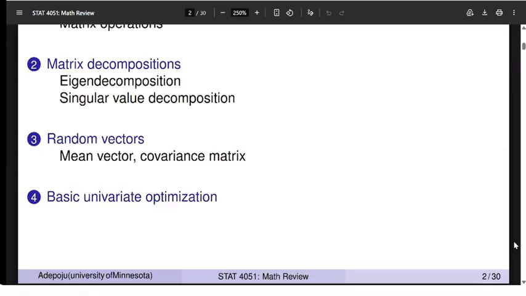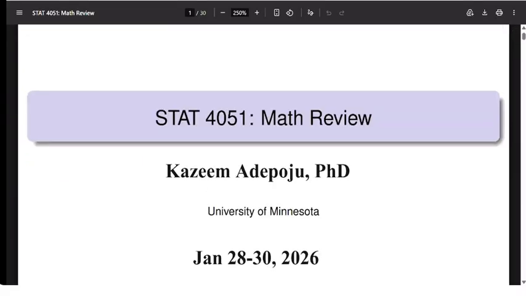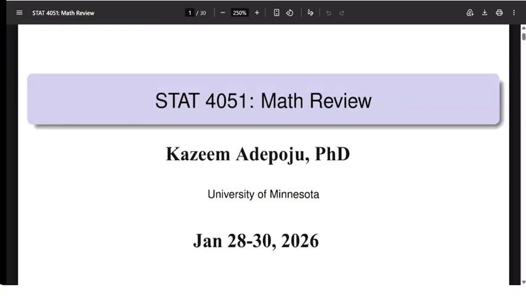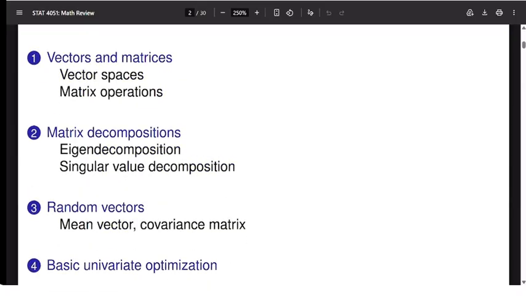If you take a look at this material, we're going to use it today and Friday, and that's why you see January 28th to 30th. So I want to believe today we're only going to achieve outline items 1 to 3, while Friday we're going to focus on basic univariate optimization.